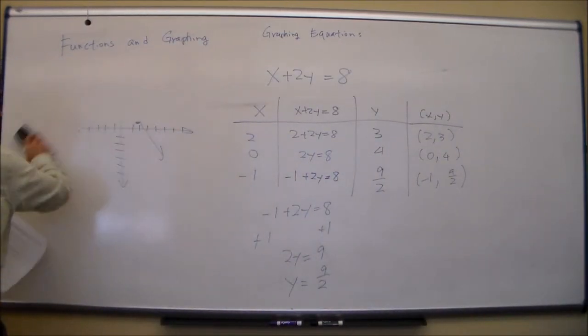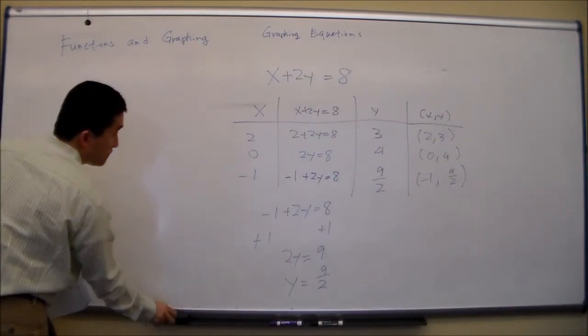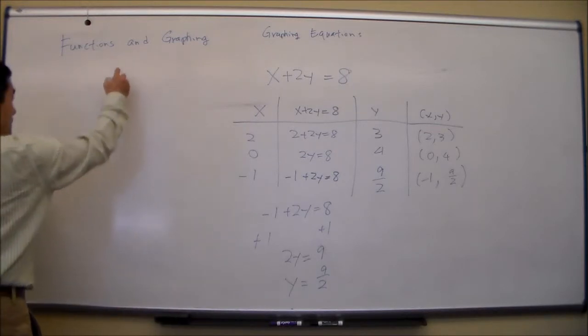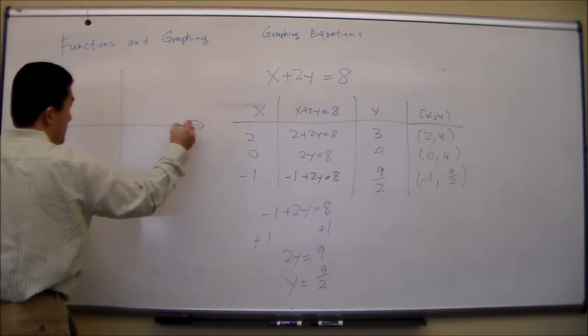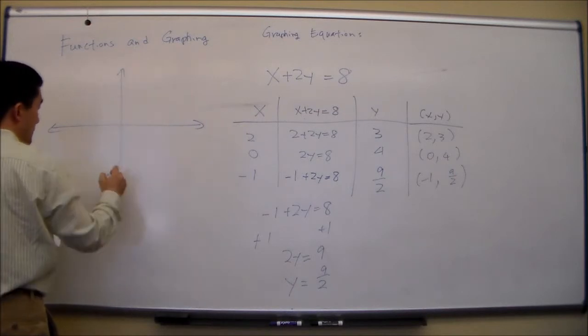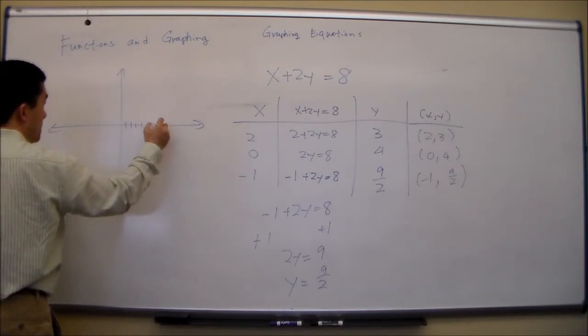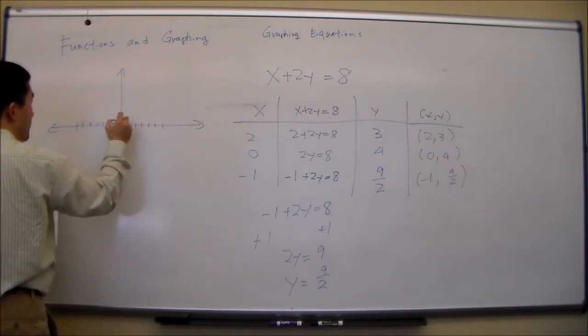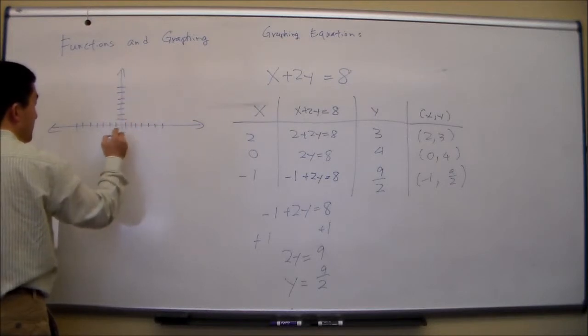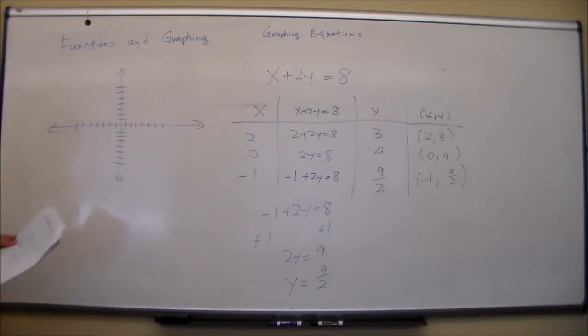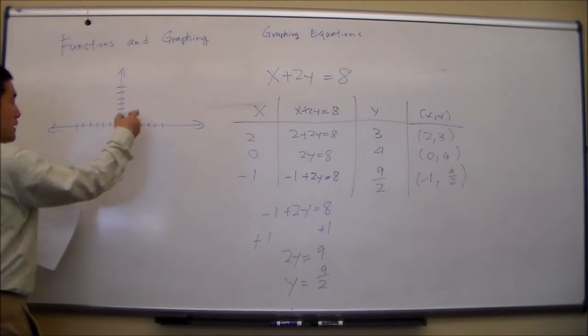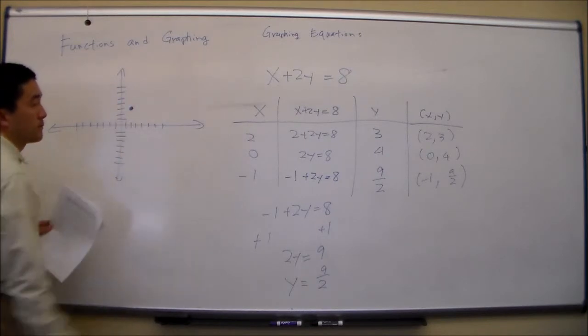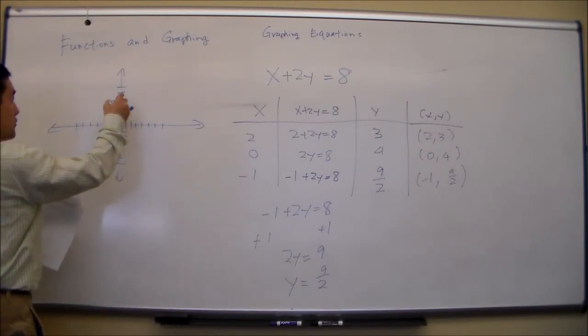So let's graph that, see if it works. So 2 and 3. 2 and then 3 here. 0 and then 4 up here.